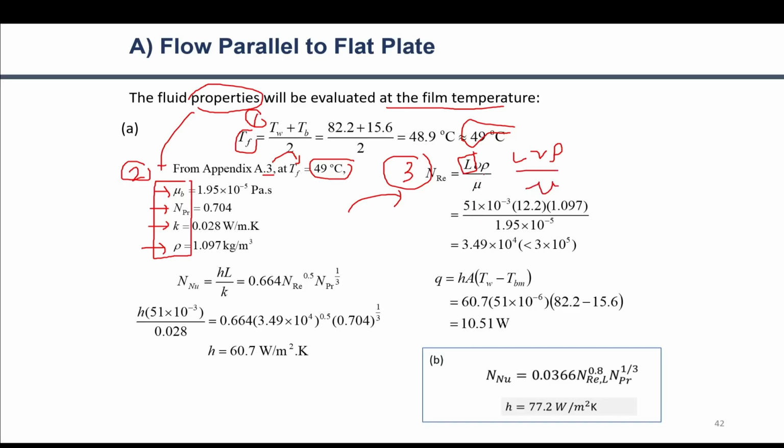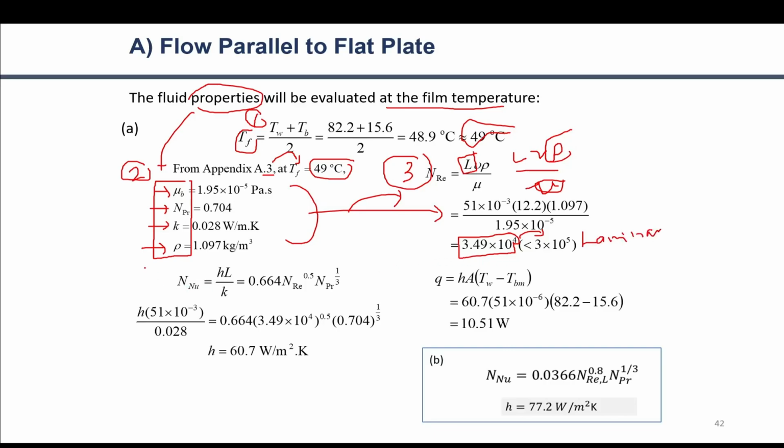The rho and mu you can get from the second step. We plug in all the values and obtain the Reynolds number as 3.49 times 10 to the power of 4. Obviously this is less than 3 times 10 to the power of 5, so the flow is laminar.